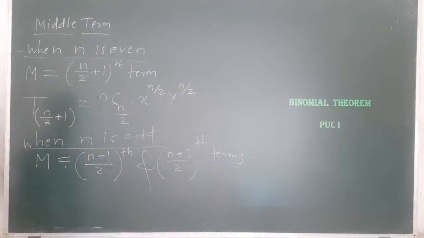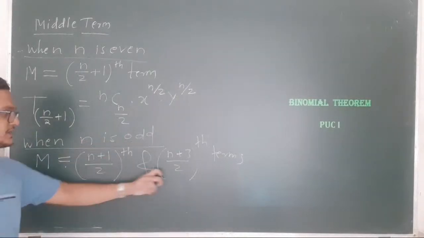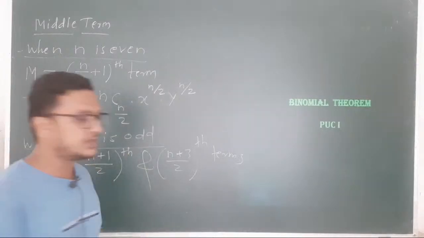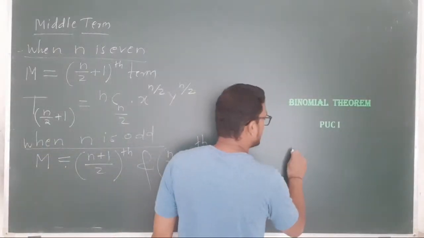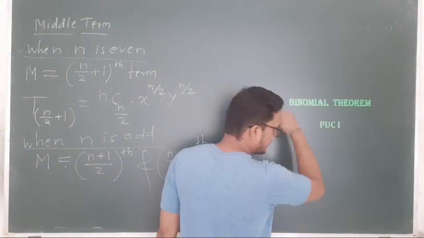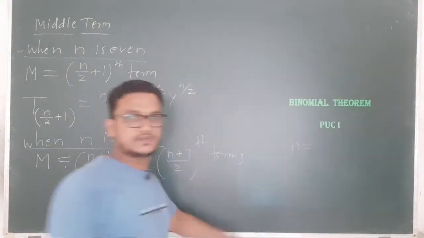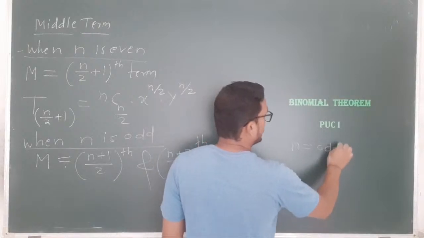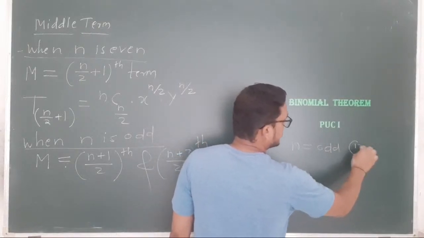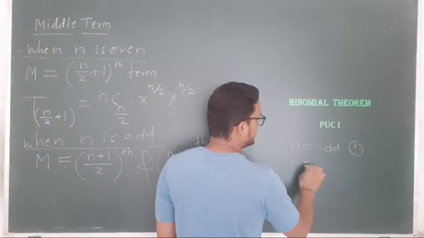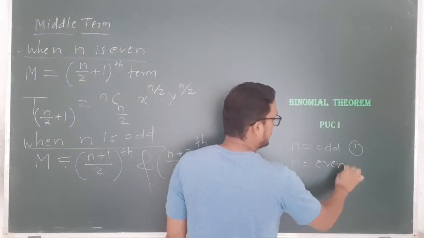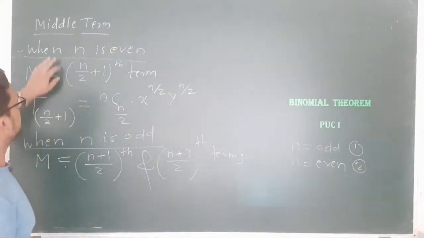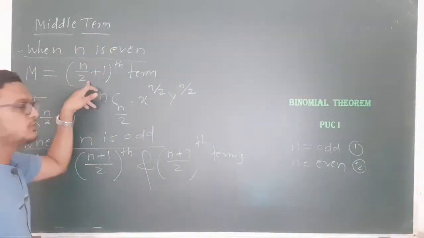See here, when n is odd, you will get two middle terms. Now you might have got confused. Okay, sir, you said that in one of the examples I told you, when n is odd, I got one middle term, and when n is even, we got two middle terms. But if you observe here, when n is even, we are getting one middle term.